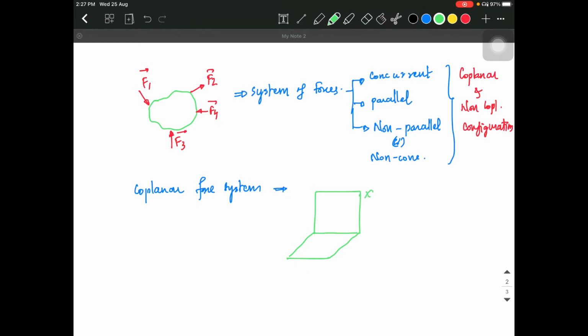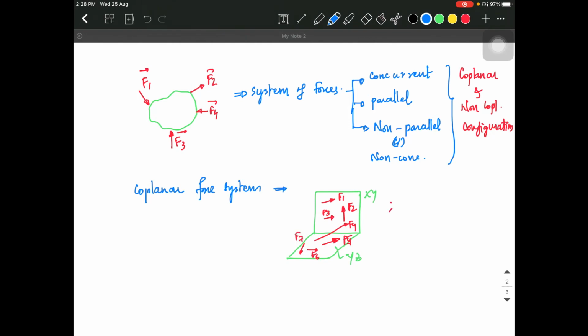What do you mean by a coplanar force system? Let this be plane xy and let this be plane yz. I am randomly giving some names. These are the forces acting over these two planes: F1, F2, F3, F4, F5, F6 and F7.